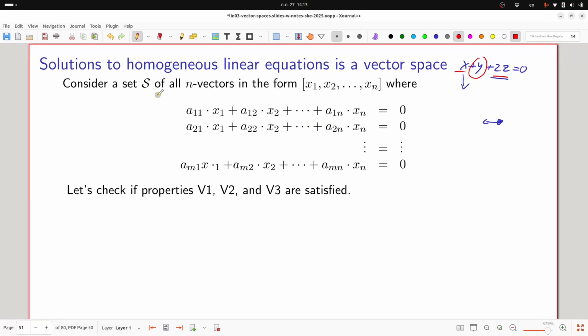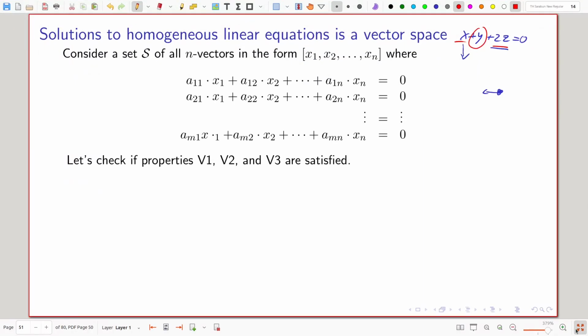All right. So if you don't just have one equation, if you have m equations, the first equation, second equation, up to the m-th equation, with n variables, and you take the set of all solutions for this system, they also form a span.